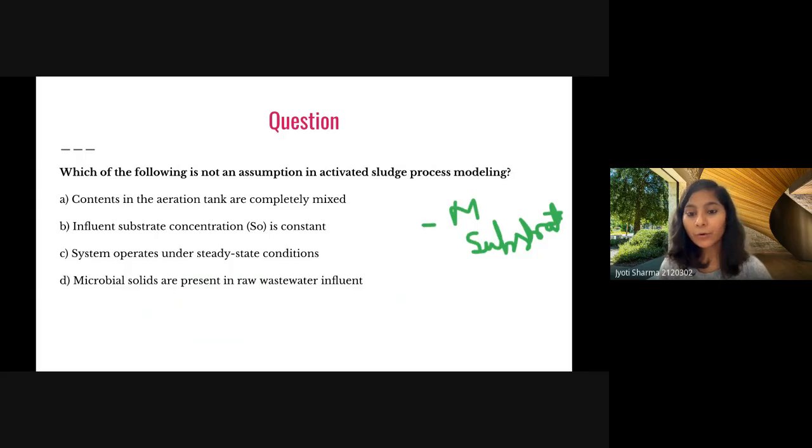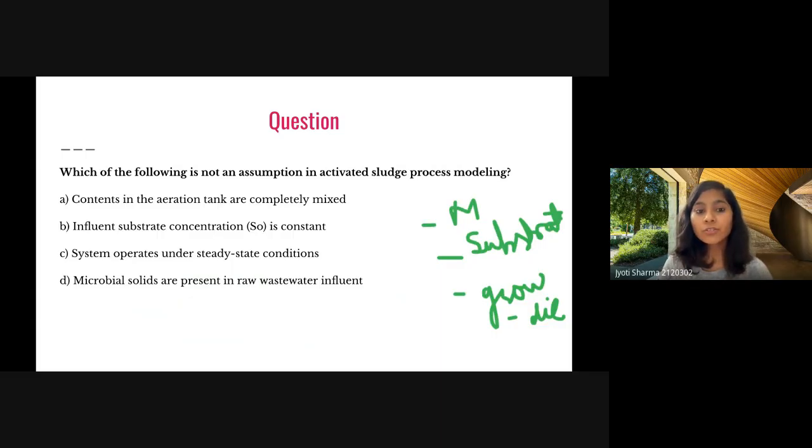We have microorganisms and substrate, and the microorganisms will grow and also die. So the rate at which they are dividing, the rate at which they are dying, and the rate at which substrate is getting consumed, we have to model into some equations. And for that we need some assumptions as well, because this is very complex in nature.